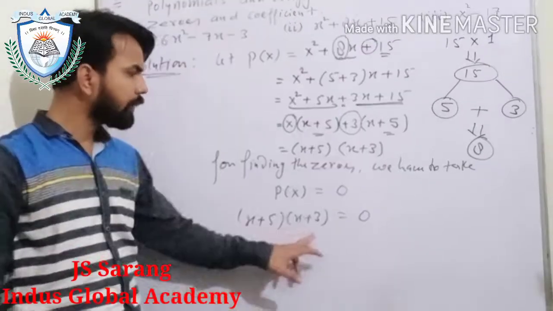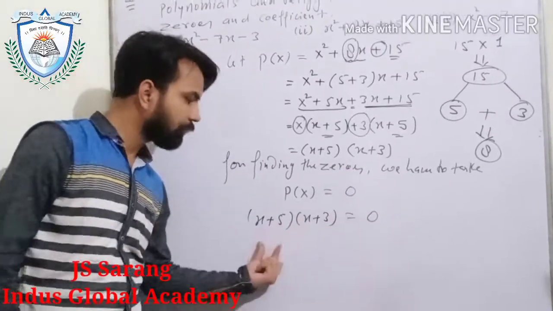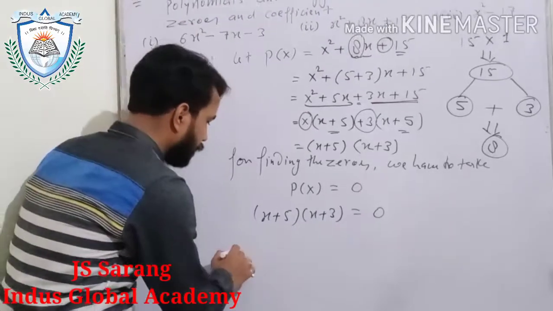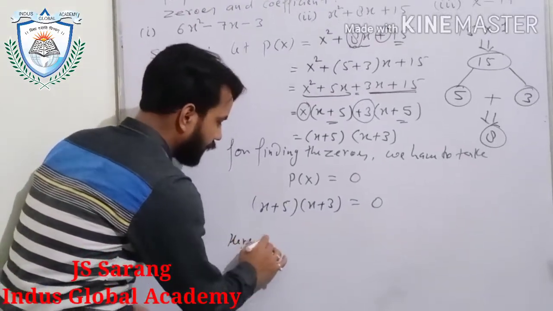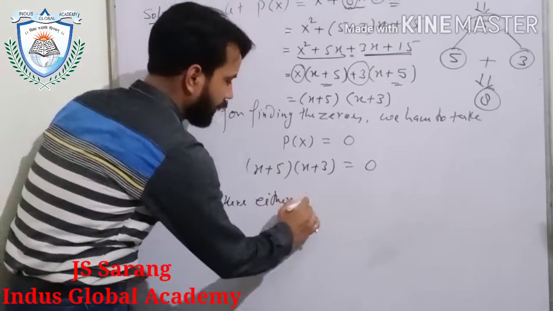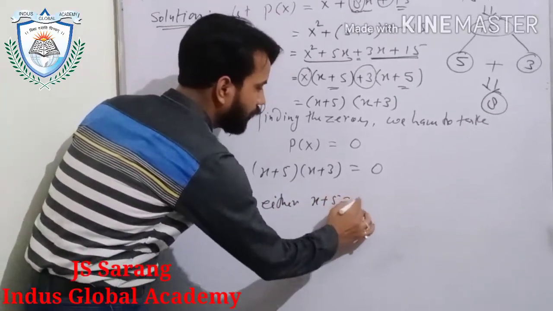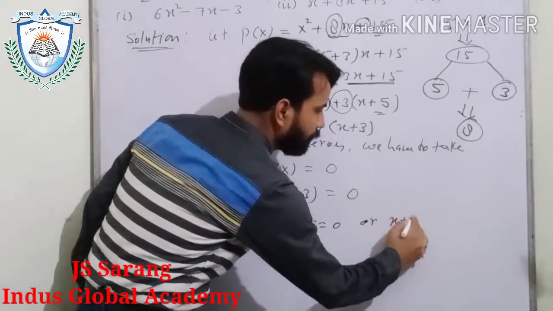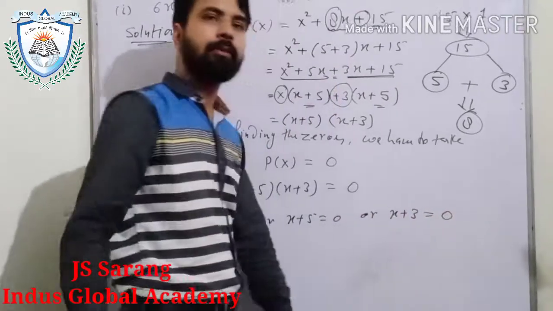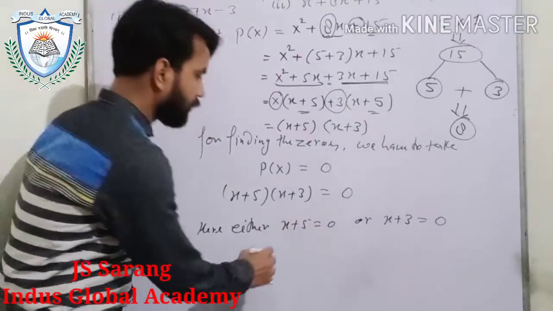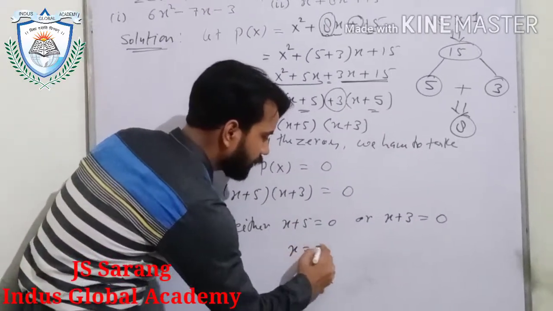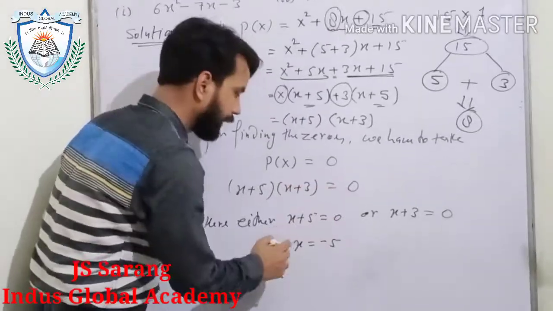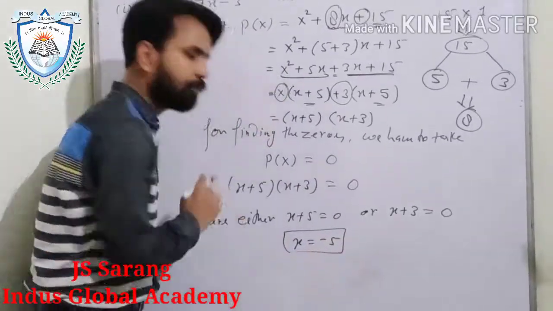Here the product of these 2 brackets is 0. So either the first bracket is 0 or the second bracket is 0. So here either x plus 5 equal to 0 or x plus 3 equal to 0. If x plus 5 equal to 0, then x is equal to what? Minus 5. This plus 5 can be shifted to this side, so it will be negative. So x is equal to minus 5.